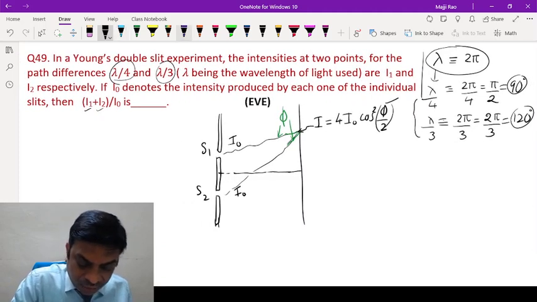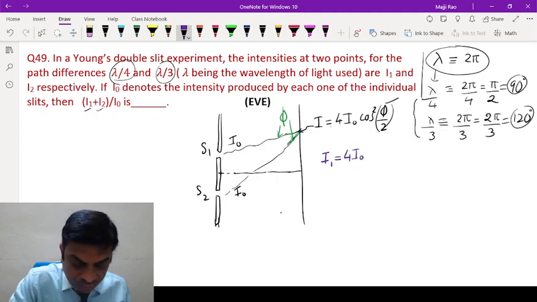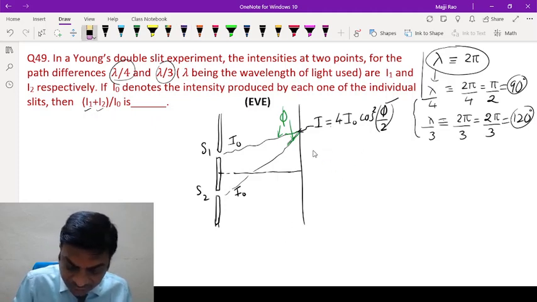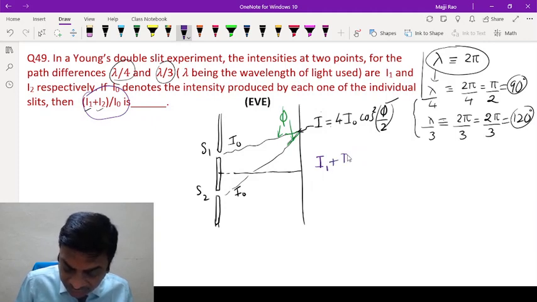Right. So coming to the first case, we'll just substitute this here. The required expression is I1 plus I2 whole divided by I naught. In other words, we have I1 by I naught plus I2 by I naught.